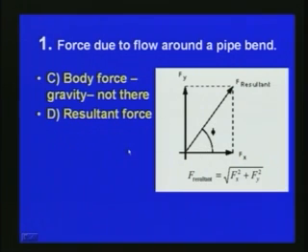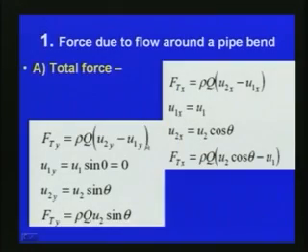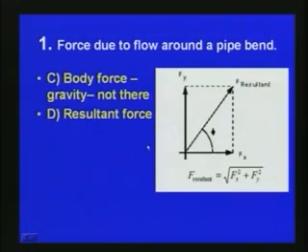So, we have already seen one example of how we can apply the linear momentum equation which we have derived, for a particular case of the force due to flow around a pipe bend. What we are doing here is finding the resultant force acting on the particular problem, and that will be equal to the rate of change of momentum.